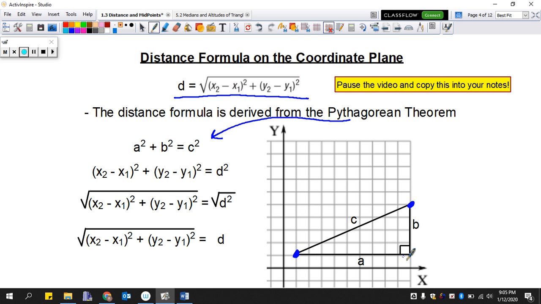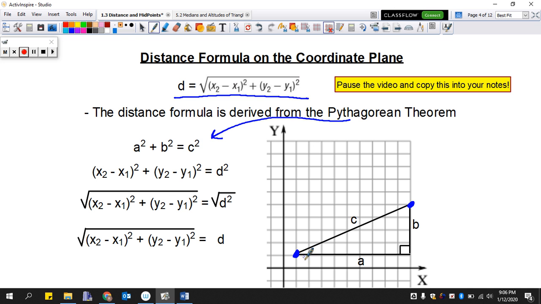All right? Well, so now we're going to say, well, what is A? Well, if you look at a coordinate plane, this is a horizontal number line. So from what we just learned, how do we find the distance on a number line? Well, you subtract the two endpoints, okay?